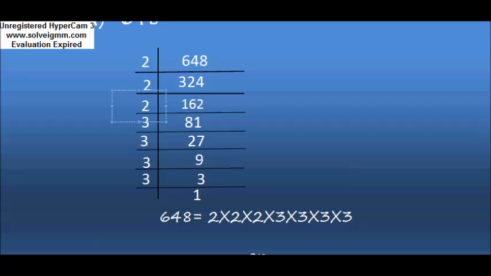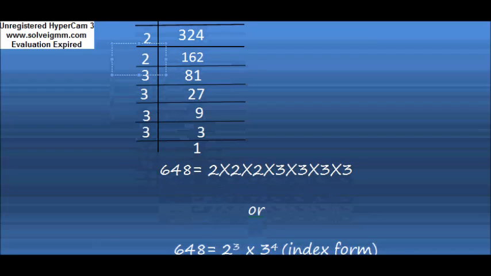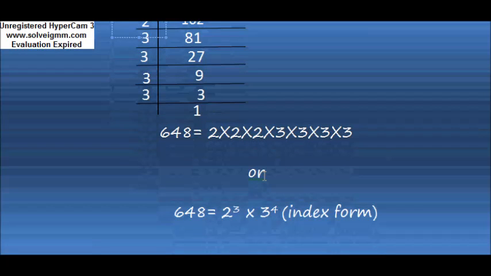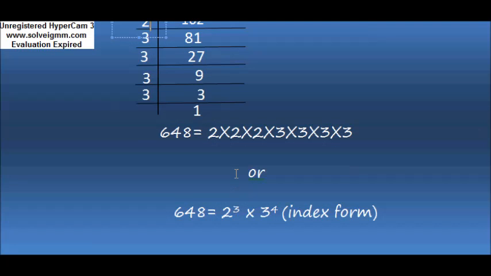Or if you want to write in index form, you can write 648 equals 2 raised to power 3, because 2 is repeating 3 times here, and 3 is repeating 4 times here. So you can write 2 raised to power 3 into 3 raised to power 4. This is the index form.